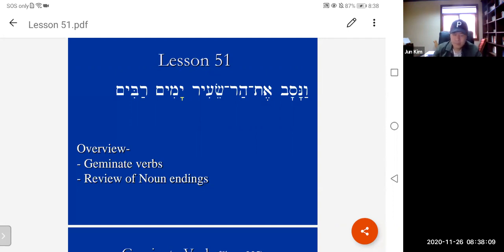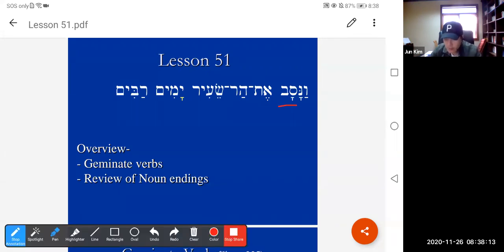Like this one, it is actually sabab. As you can see, the second and the third root letters are identical, the same root letter. So it's not really common, but it happens that way sometimes.